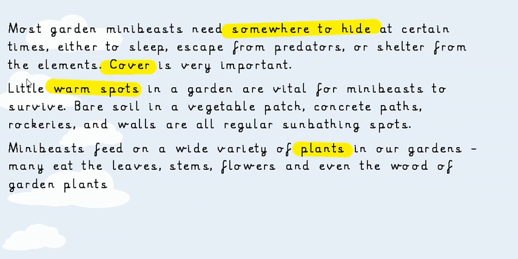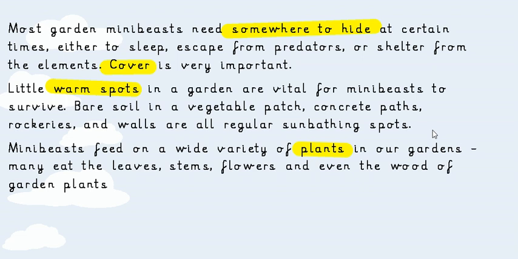Secondly, little warm spots in a garden are vital, that just means really important, for mini beasts to survive. So warm spots, that talks about the temperature there, doesn't it? So different animals, different living things need different temperatures as part of their habitat. Bare soil in a vegetable patch, concrete paths, rockeries and walls are all regular sunbathing spots.